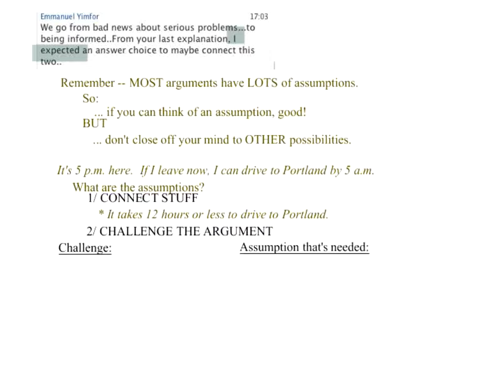So one challenge that you can make here is, what if there's lots of traffic? What if there's an unusual amount of traffic? Well, you have to assume there won't be an unusual amount of traffic.